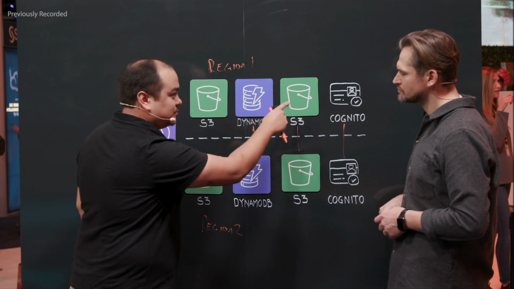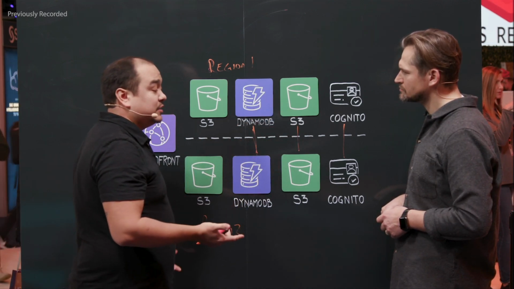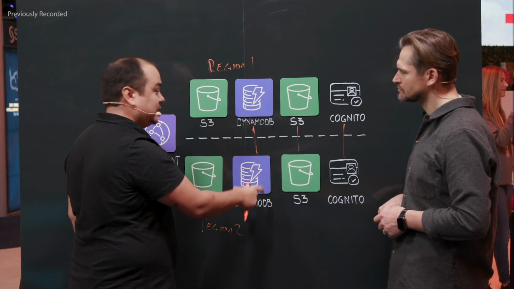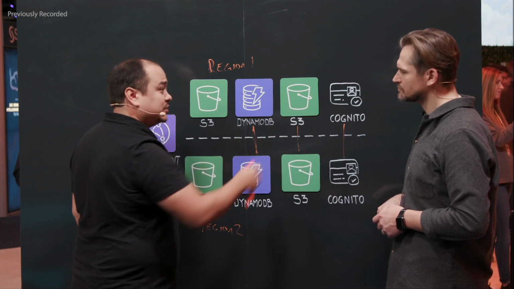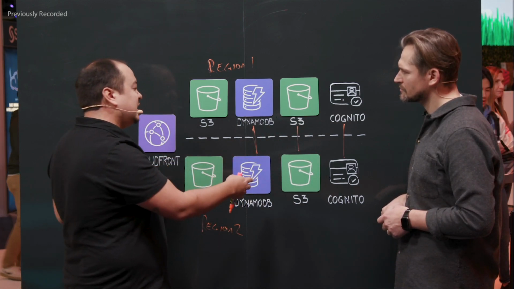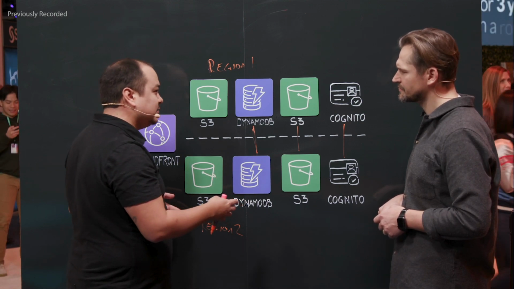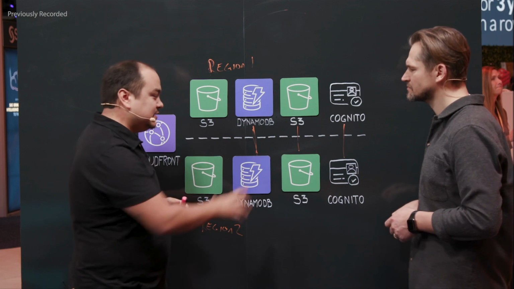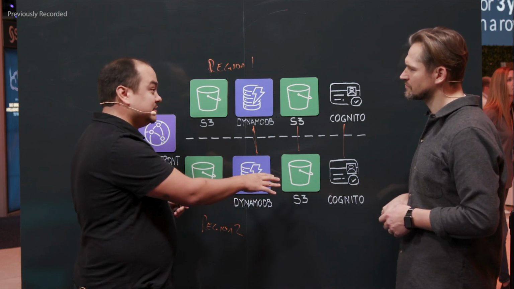Latency between these 3 layers is very quick. Objects are small, they replicate quickly, DynamoDB quickly, Cognito quickly. If you want to call this a cold, warm or hot standby, I'd really call it a warm to hot standby, because that data is available almost immediately in the secondary region.